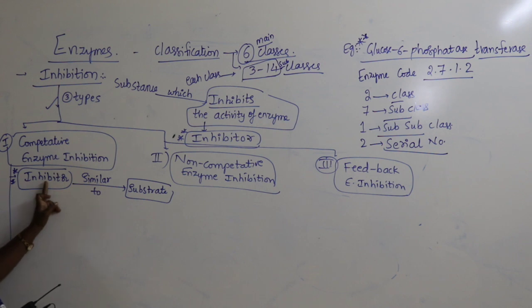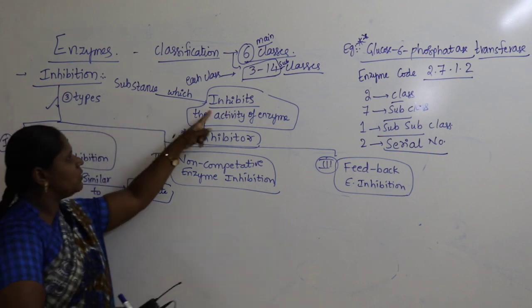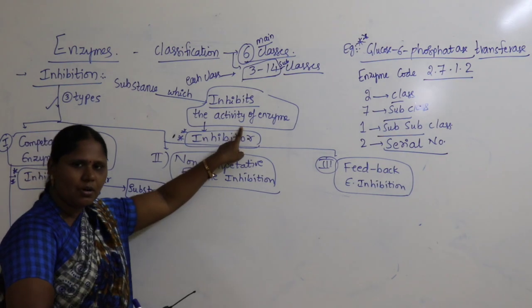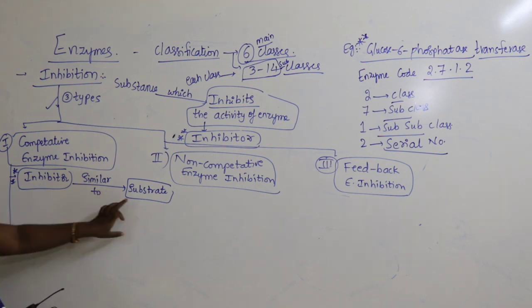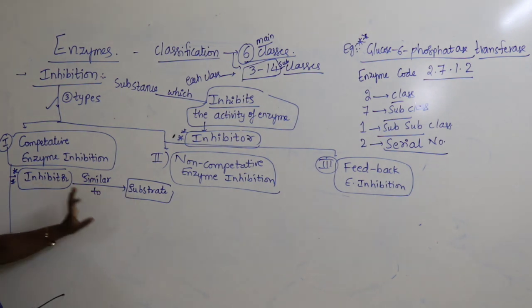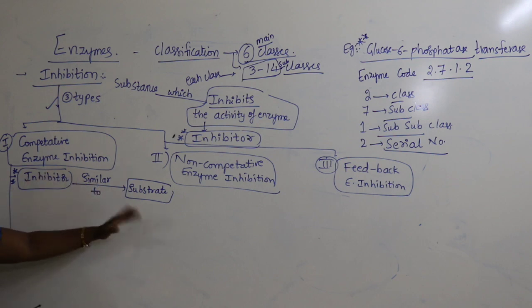What is an inhibitor? A substance which inhibits the activity of enzyme is called an inhibitor. Now, this inhibitor looks exactly similar to the substrate, a similar copy of the substrate.